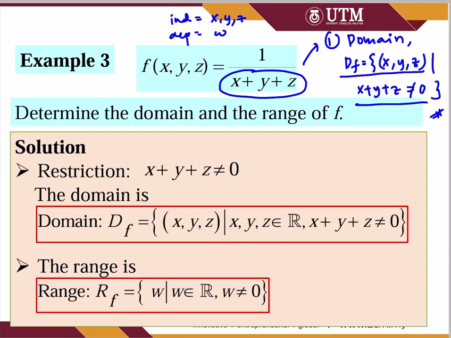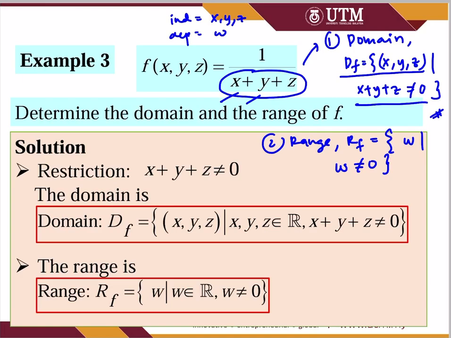Now what about the range? Again, we use a calculator and substitute into the value. If you use any value, it can be negative, it can be positive, but it cannot equal 0. Therefore, we can say that w cannot equal 0.